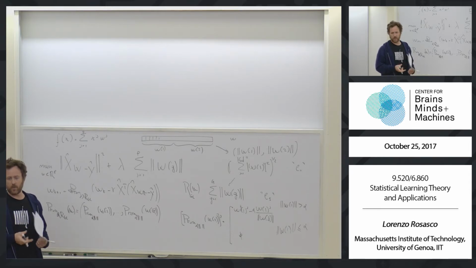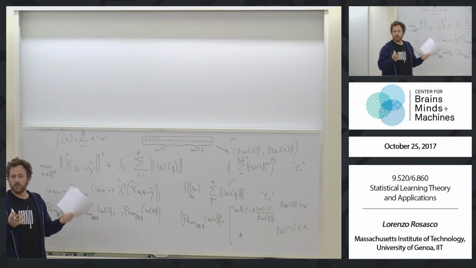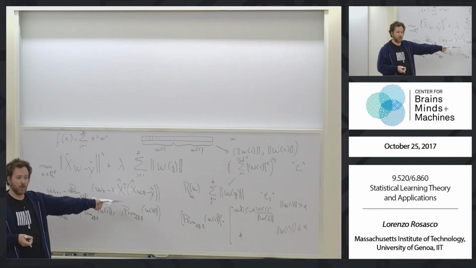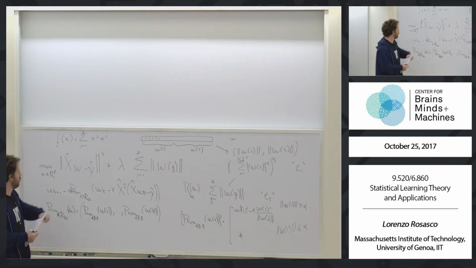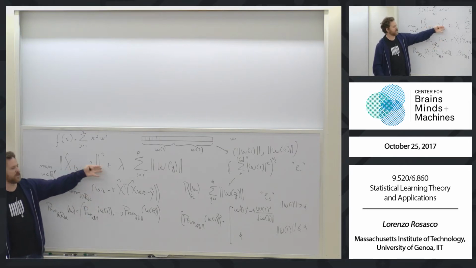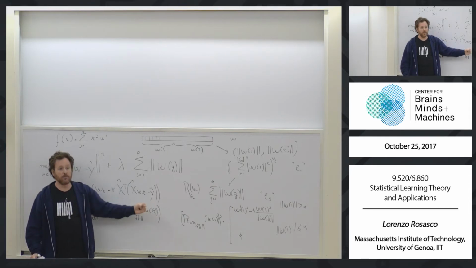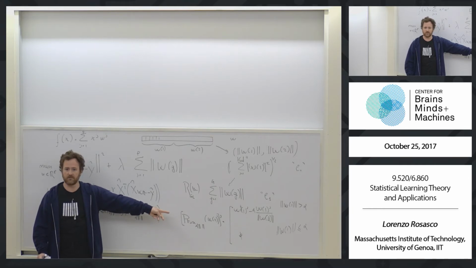Okay? And if you remember, in the case of L1, we took two routes to convince ourselves that we were doing sparsity. One was the geometric one with the L1, L2 balls and hyperplanes and so on. The other one was just simply taking a look at the soft thresholding algorithm. Here, we're just going to do the latter. If you look at this, it's clear that this method, when you solve it through this proximal forward-backward approach, is going to give you sparse solutions in blocks because of the specific form of the prox operator.